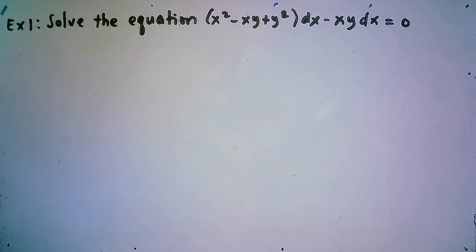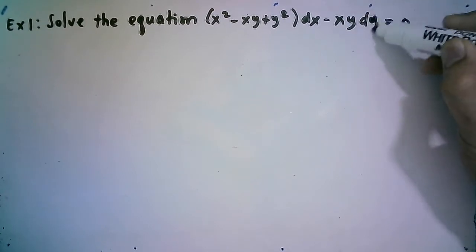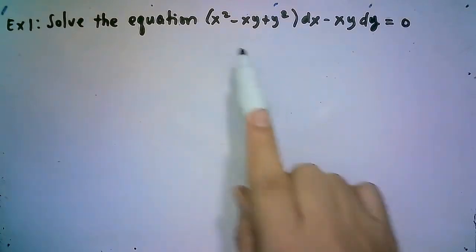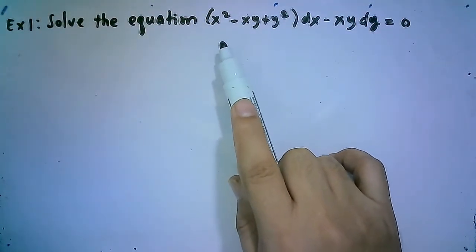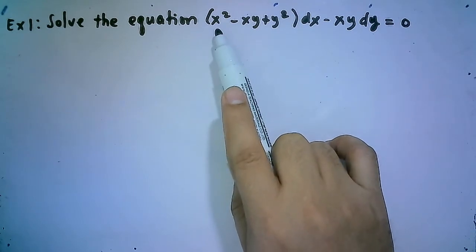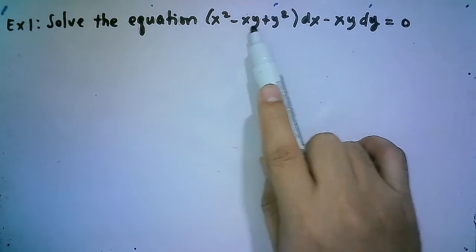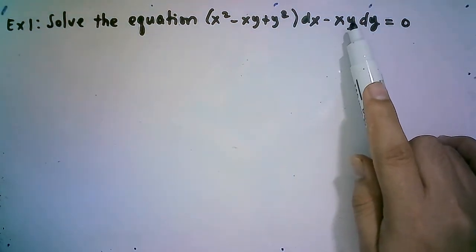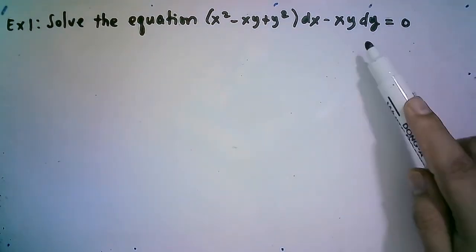By the way, this is dy. If you have noticed, this is a homogeneous function. The degree of the term here is 2. This one is 2. This one is also 2. And then this one is also 2. Therefore, this is a homogeneous function.